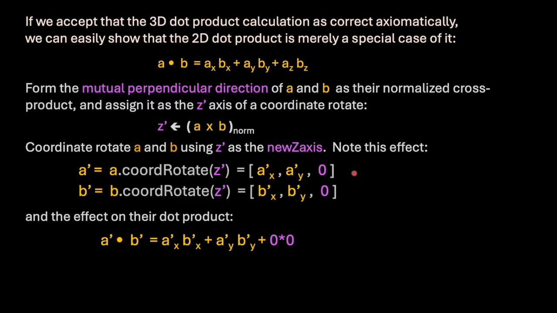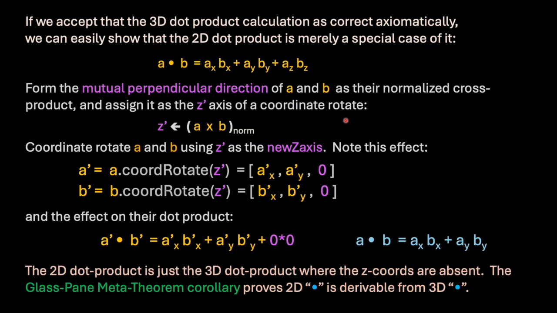So the effect on their dot product when we multiply these two vectors is that we get 0 for the third term of the dot product, and that essentially shows the equivalence of these two formulations of the dot product, so long as we have this ability to form this coordinate rotate operation.